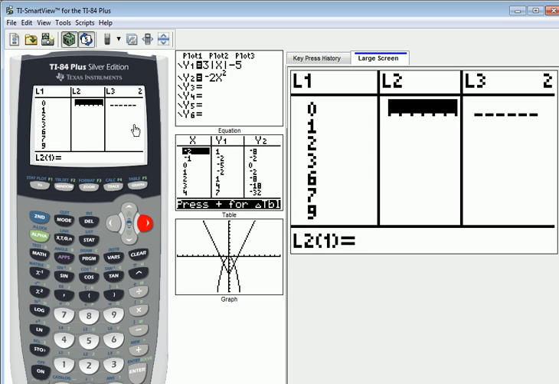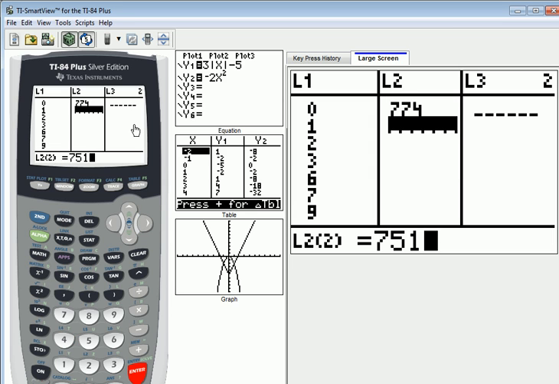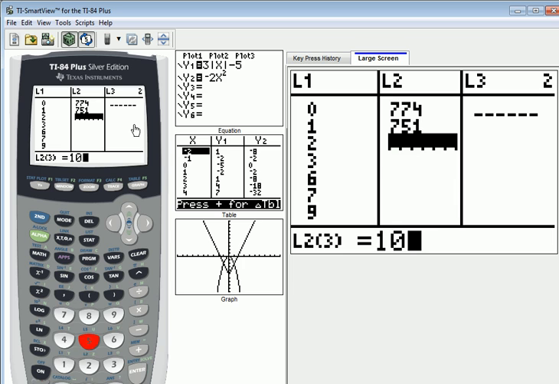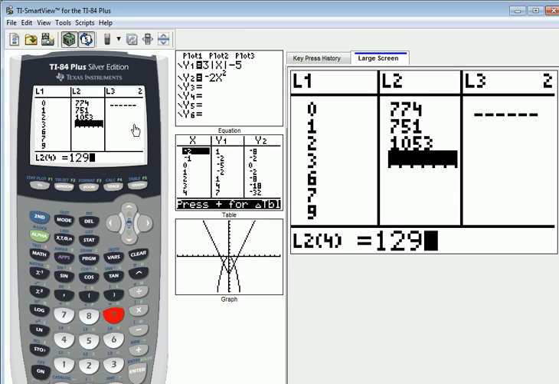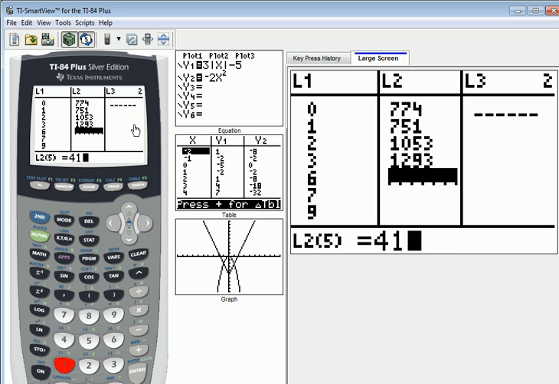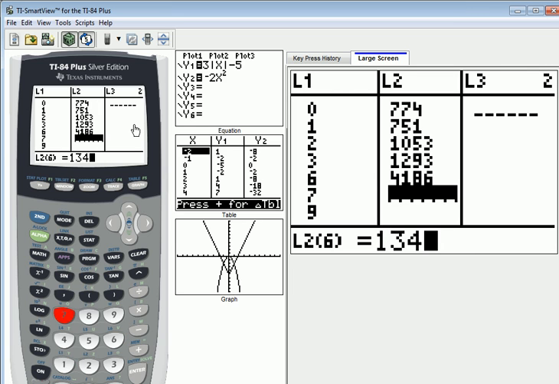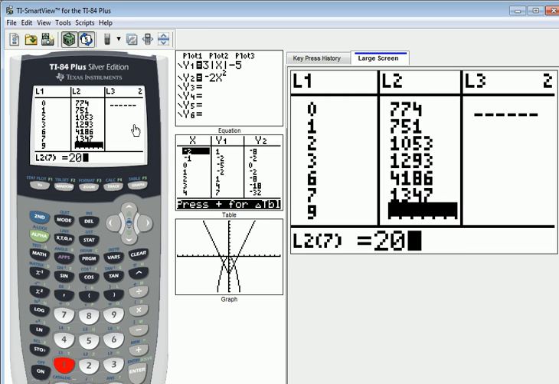Okay, and for our Y's, we have 774, 751, 1053, 1293, 4186, 1347, and 2011.